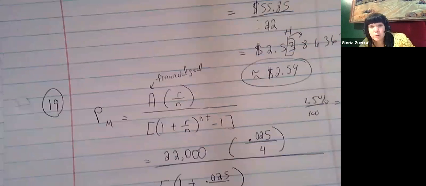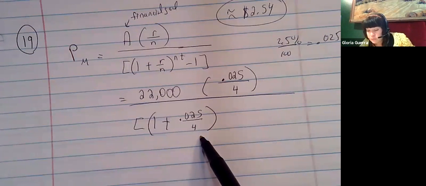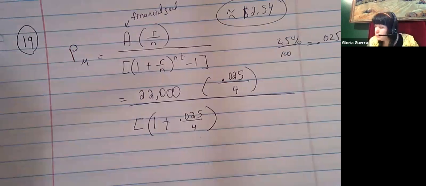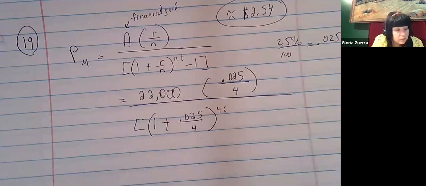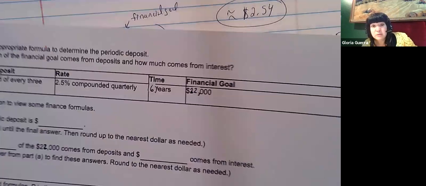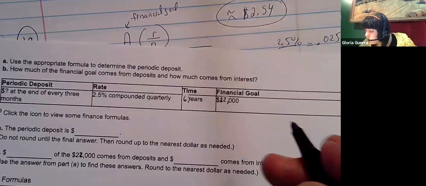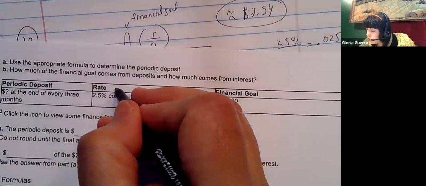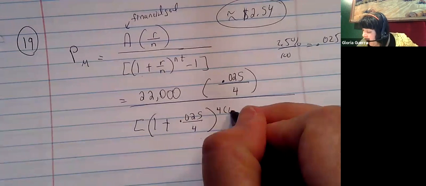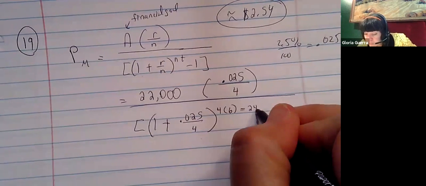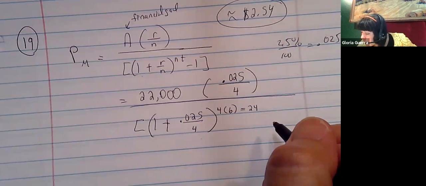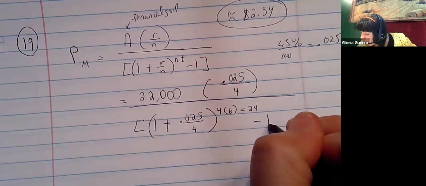So you have 1 plus 0.025 divided by 4, that's this part here, and then n is 4. And then t, they said 6 years. So 6 times 4 is 24. And then you have that minus 1. Don't forget about that minus 1.